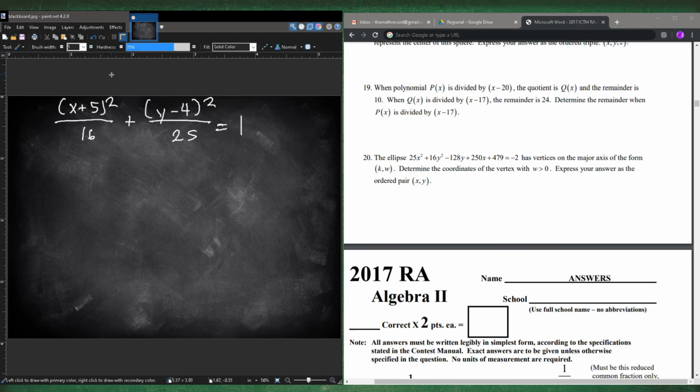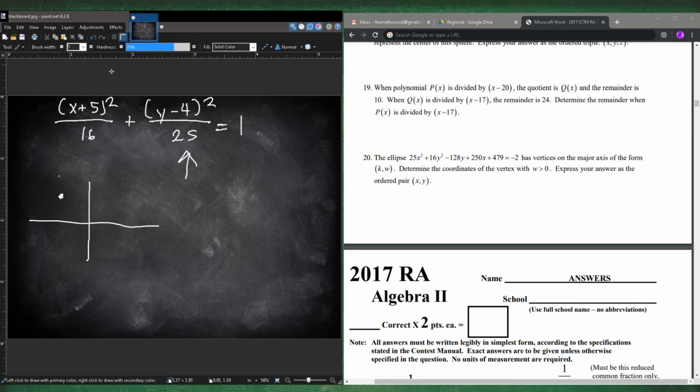So whenever the number is bigger on the bottom, so 25 is bigger than 16, that means this is where the major axis is. So that's where our vertices are, we're going to add. So basically what it's going to look like is that we're going to have something right here. The x is plus 5 and the y is minus 4, so our center is at negative 5, 4, right?